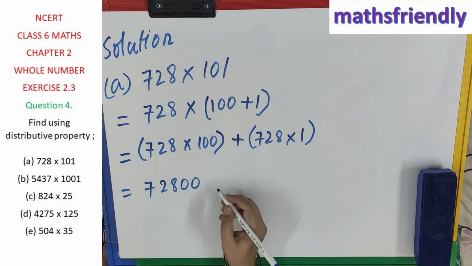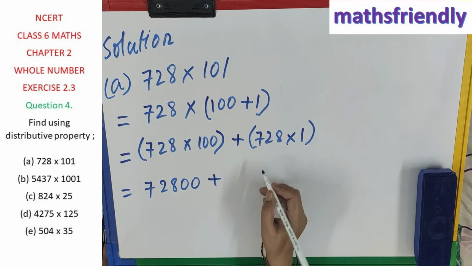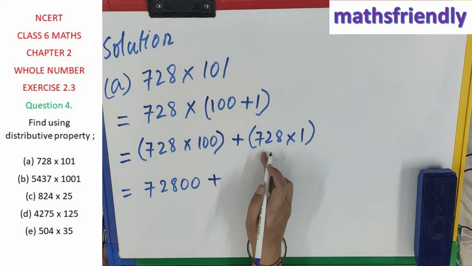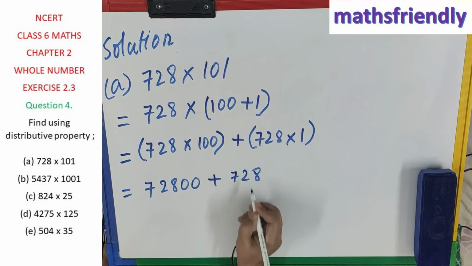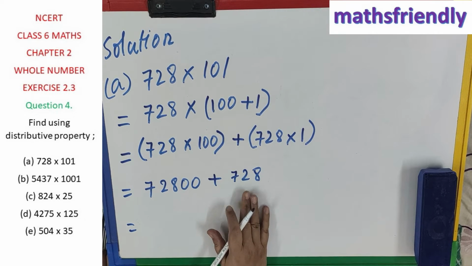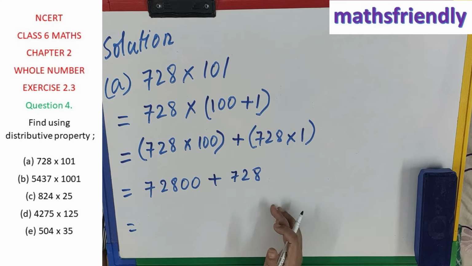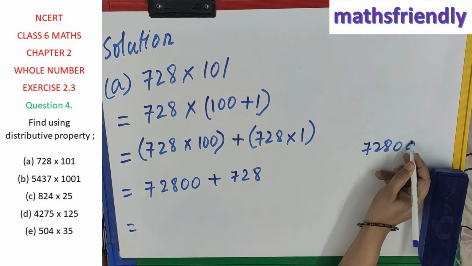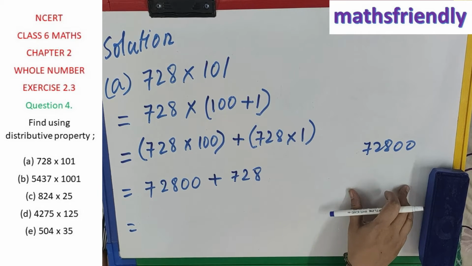Now the plus sign is there, and 728 multiplied by 1 gives, since anything multiplied to 1 gives that same number, 728. Now it is very easy for us to add these two numbers: 72800 and 728.